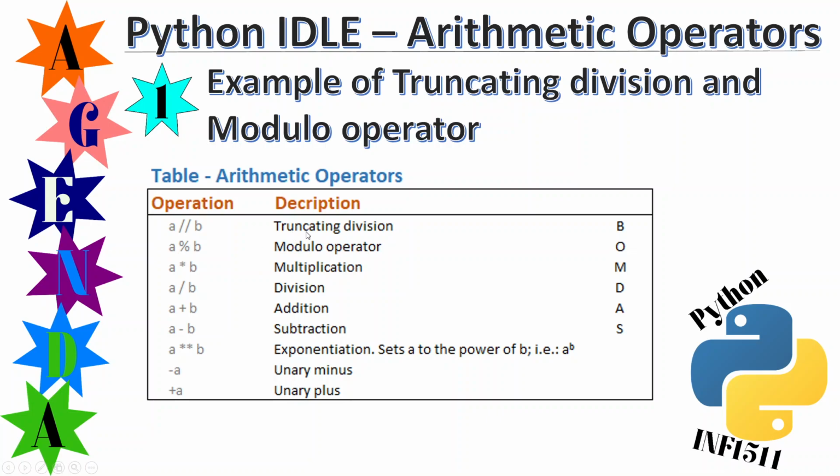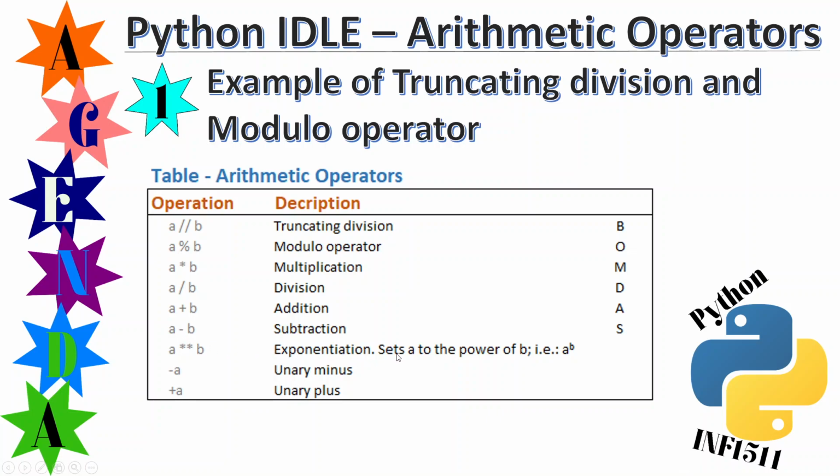So I've got the truncating division, which is represented with 2 forward slashes. And this is the modular operator, which is the percentage sign in Python. Multiplication is represented by an asterisk, division is a single forward slash, addition is a plus, subtraction is a minus.